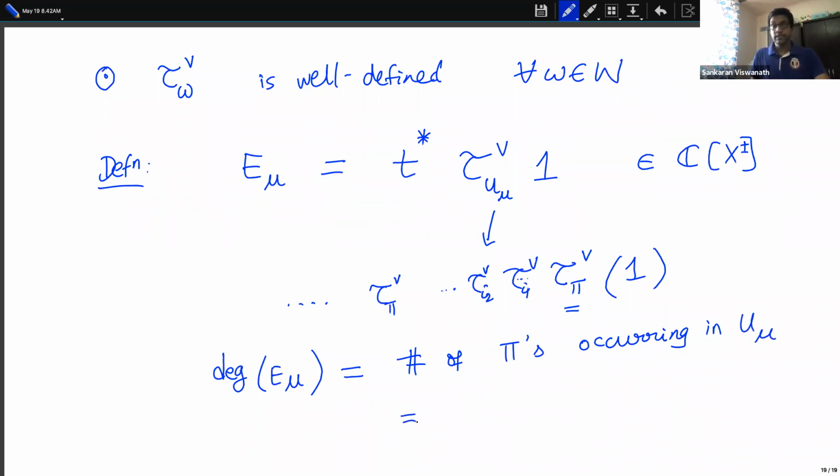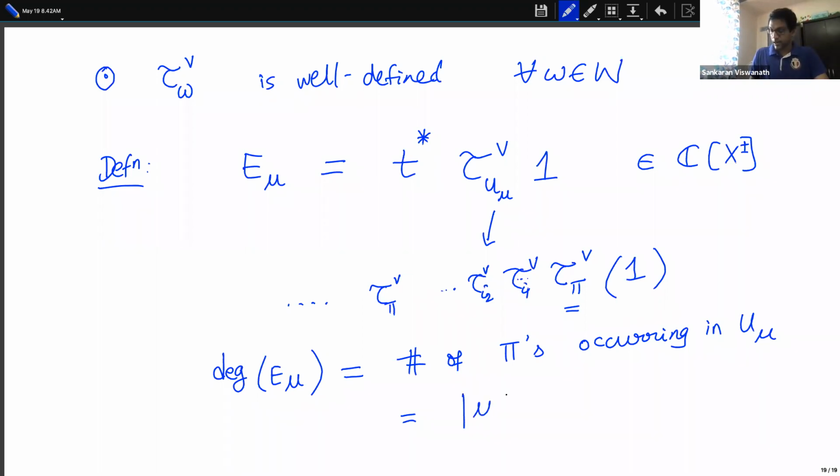But how many pi's occur? If you remember what we started out with in the beginning, each time you apply a pi, it increases that. If you remember our example, we had 0, 0, 0, you apply a pi and you get a 1. You apply a pi again, you get another 1. So the total number of pi's in that example was actually 1 plus 2 plus 3, the total sum of all the parts.